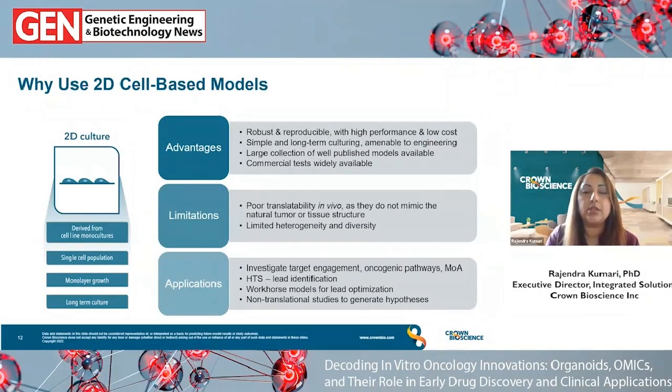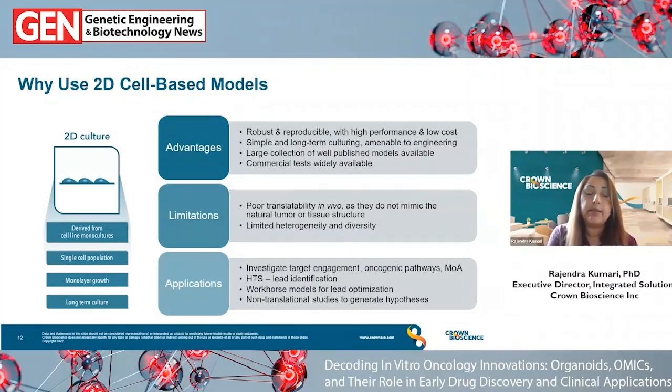The applications where 2D cultures have the most impact are biological investigations and potentially non-translational studies. Definitely high throughput screening for lead identification, also lead optimization. They can be used in target engagement, looking at the oncogenic pathways or mechanism of action.